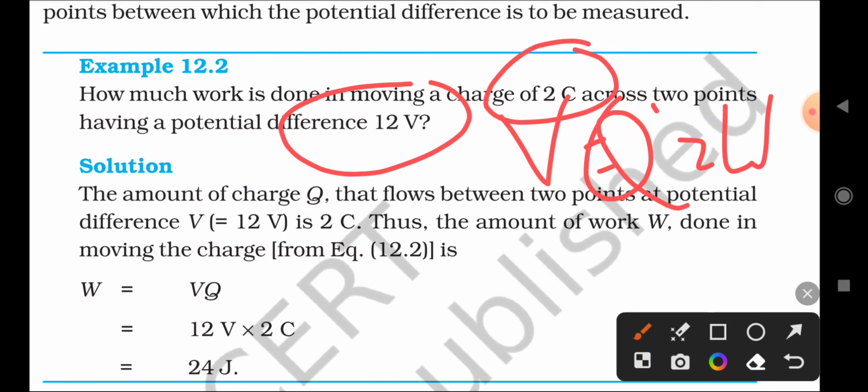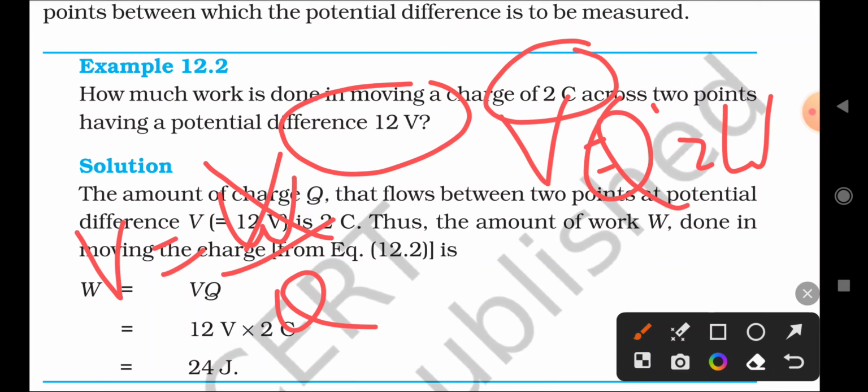Actually the formula is V is equal to W by Q, but it is replaced with W is equal to V into Q, because we don't know the energy, meaning the work done. Since Q was in the denominator, shifting it makes it a multiplicand.